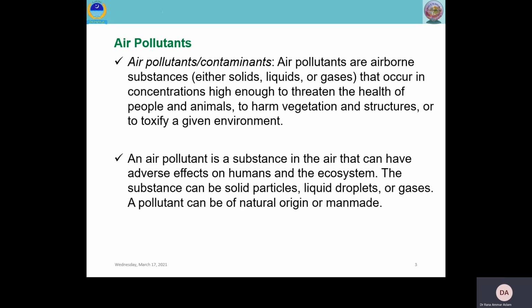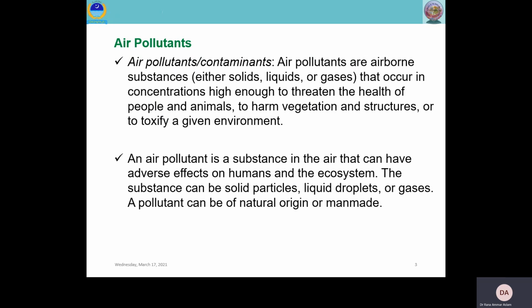In the previous class, I have already explained to you what air pollutants are. Air pollutants are substances which are present in the air in abundant, sufficient quantities, in heavy amounts. However, what makes them air pollutants is their concentration. Second is their nature, that they are toxic.